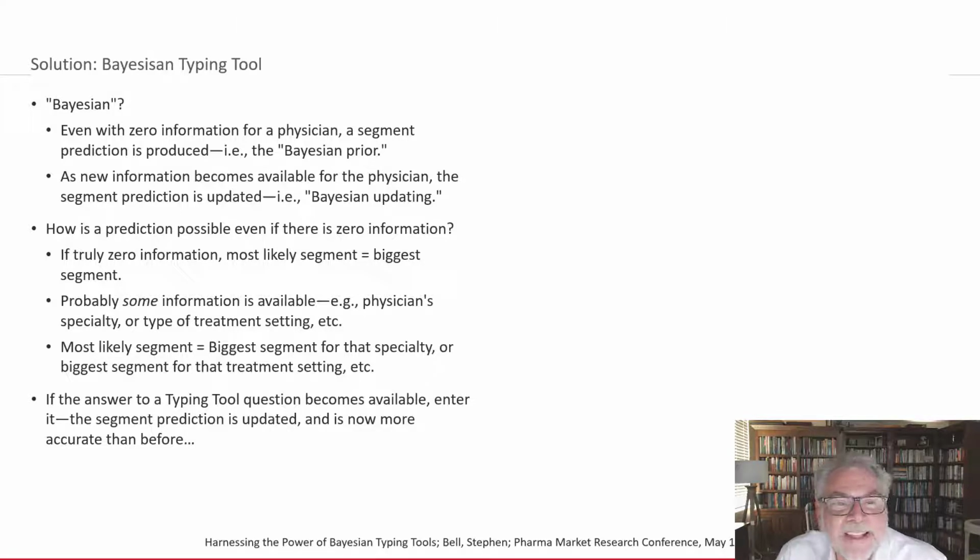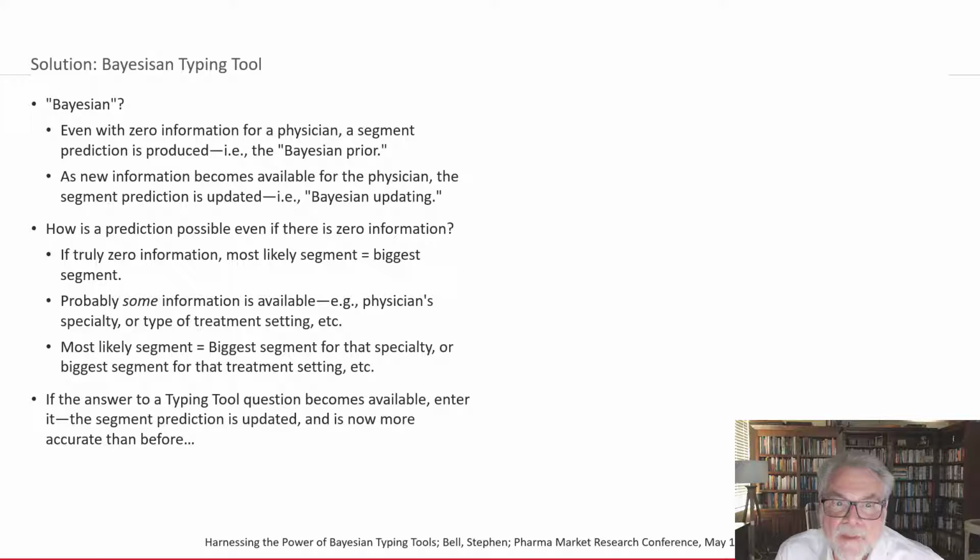But that's sort of an artificial example because in the real world, probably you do have some information about that physician. For example, the specialty or the type of treatment setting. Is it a private practice? Is it an academic hospital? That sort of thing. And if you do have even that most basic additional information, then you're beginning to get what we were calling here Bayesian updating.